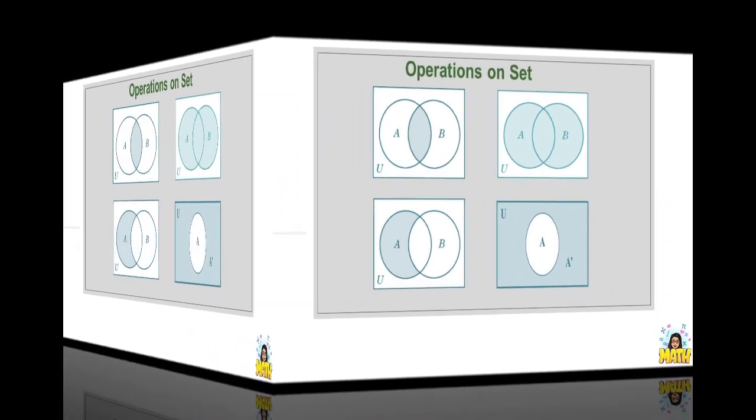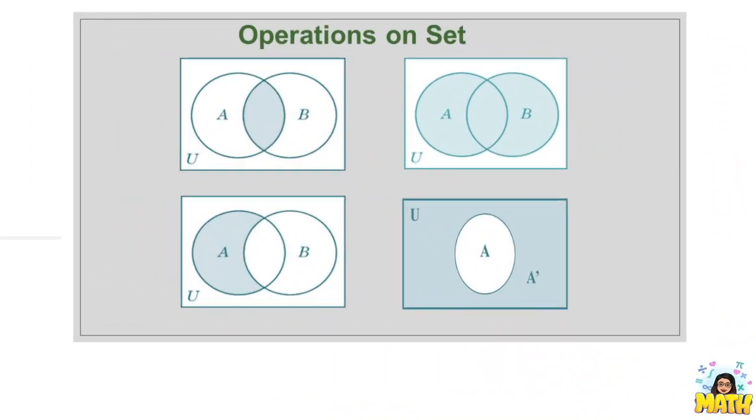Okay, so let's summarize our lesson on operations on sets. Pag nakakita ng mga ganitong Venn diagram, unang-una, sa set A and B, ito ay naka-shade, that means they have these common elements. That region pertains to its intersection, denoted by this symbol.